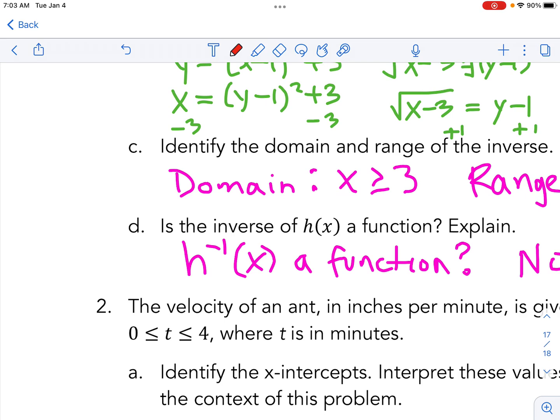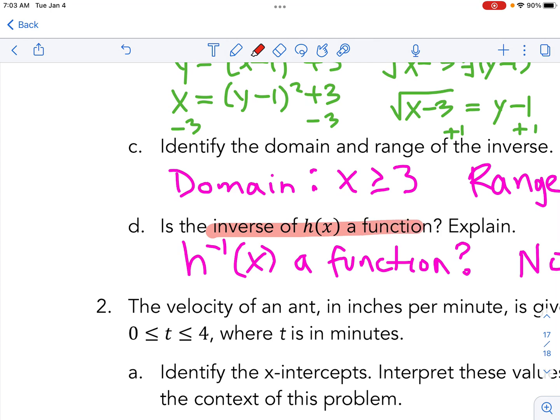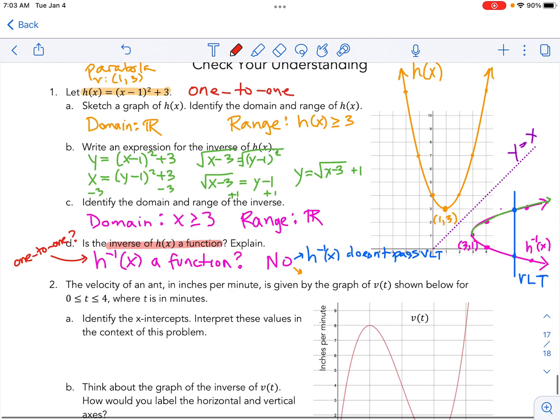Is the inverse of h a function? Let me highlight that. Inverse of h a function. That is another way of saying, is it 1 to 1? That's what that question is asking. And the answer is no, it's not 1 to 1, because when we look at the inverse, this itself, the pink, is not a function.